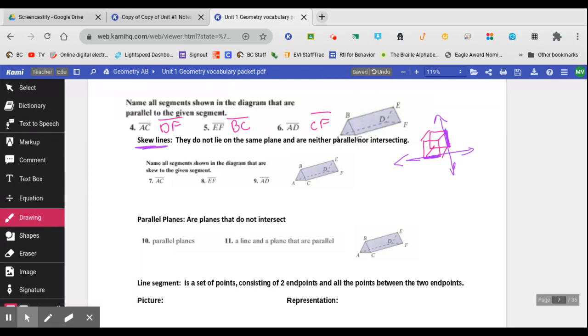So in our next set of problems, name all segments shown in the diagram that are skew. So AC, I would say that DE, DF, and not DF, sorry, EF are skew. If I'm talking about EF, I'm going to say that AC, and that would be it.